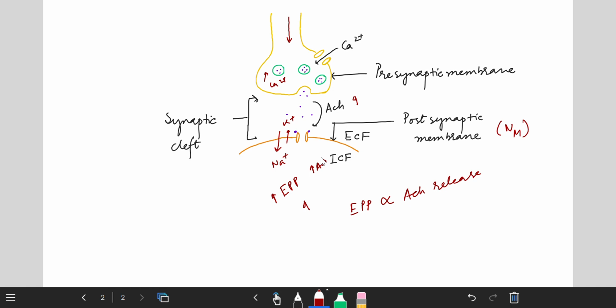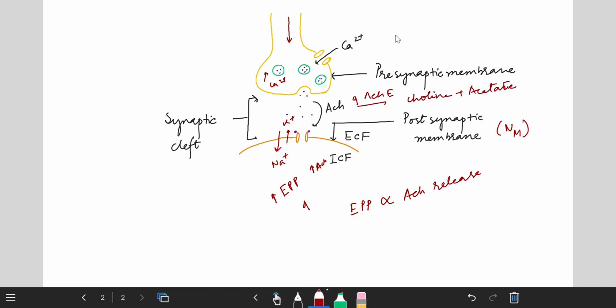Now after all the activity, what will happen to the acetylcholine? This acetylcholine will be destroyed or terminated by the enzyme acetylcholinesterase. With the help of acetylcholinesterase, it will form choline plus acetate.